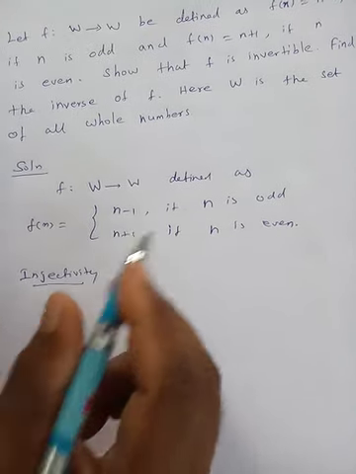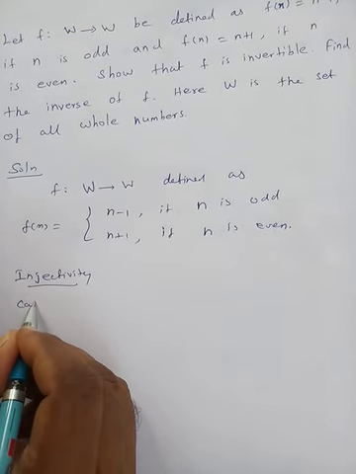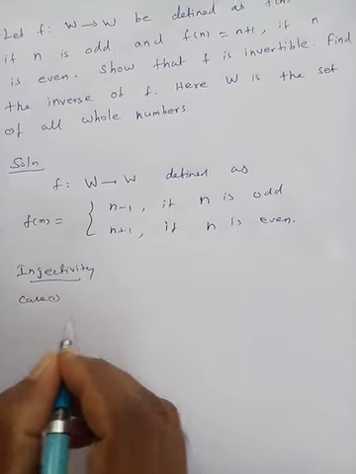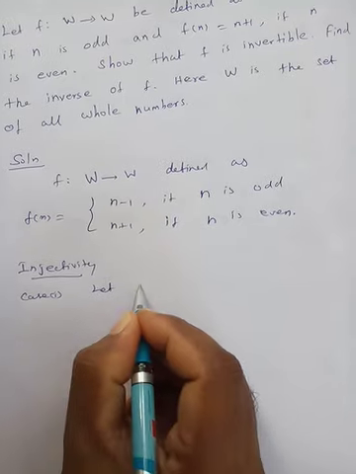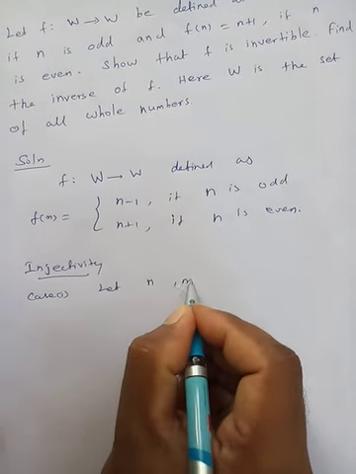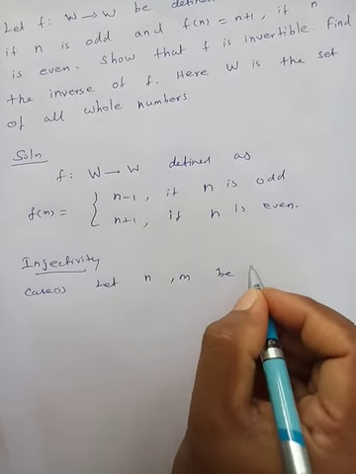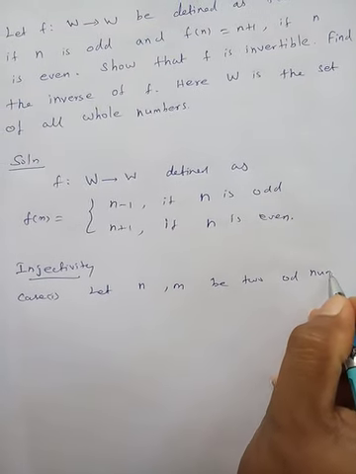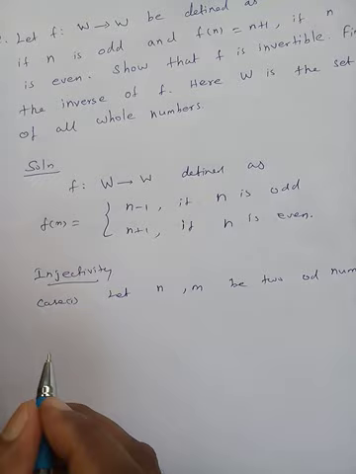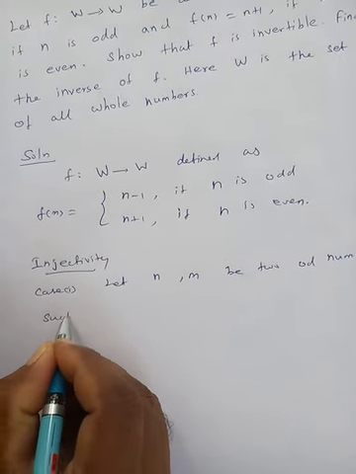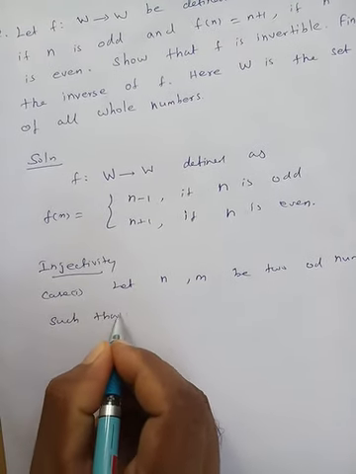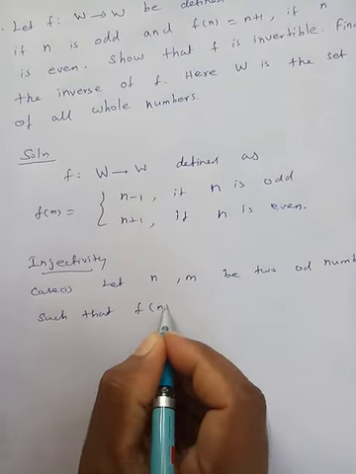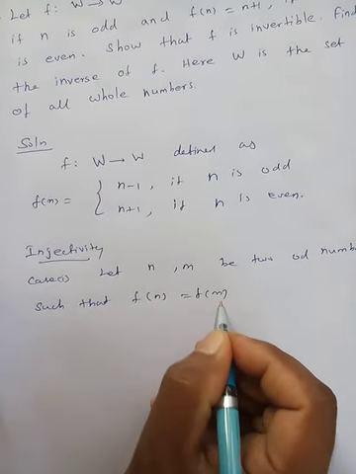Here different cases will arise. Case 1. Let n, m be two odd numbers such that f of n is equal to f of m.